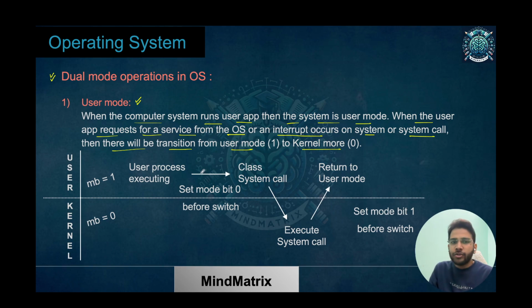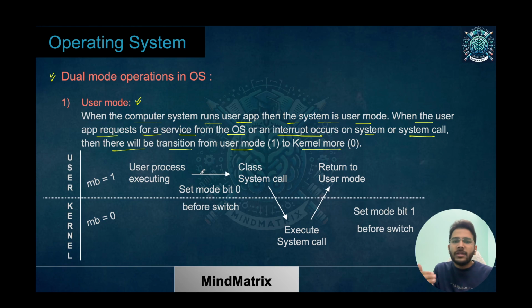Clear? So to run the user applications, the system has to be in the user mode. When we want some service from the operating system, there will be a switch from the user mode to the kernel mode.